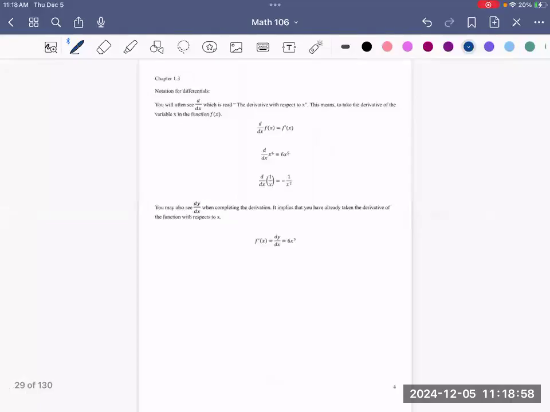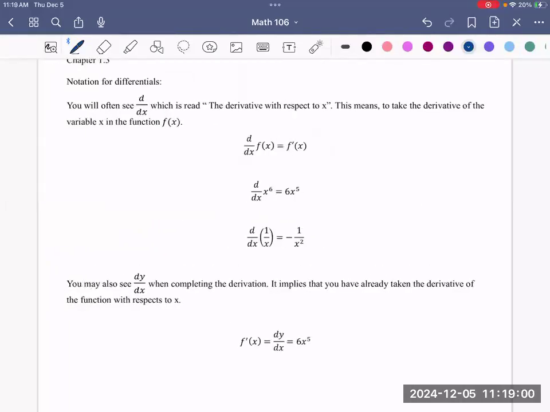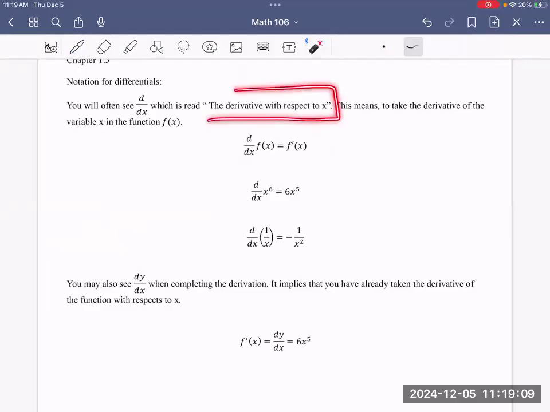All right, last page is just talking about different notations. It says you'll often see d over dx, which is read as the derivative with respect to x. So x being the variable that we're interested in deriving, because in the future we're going to have many variables at play in which we're trying to derive at once.